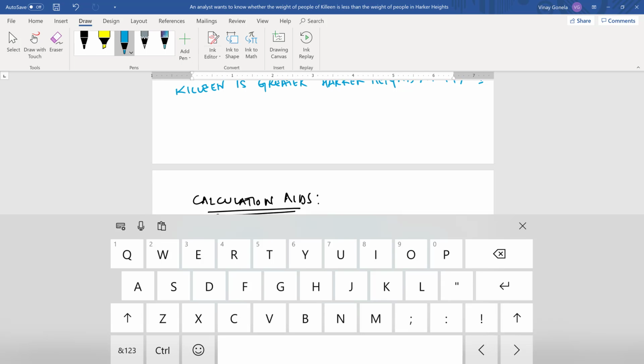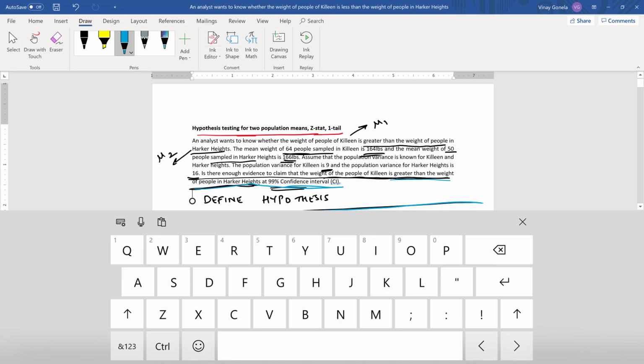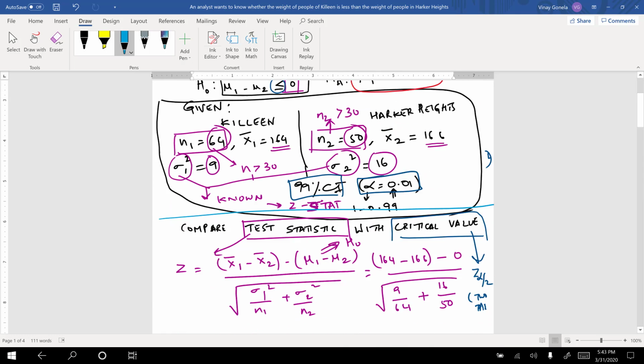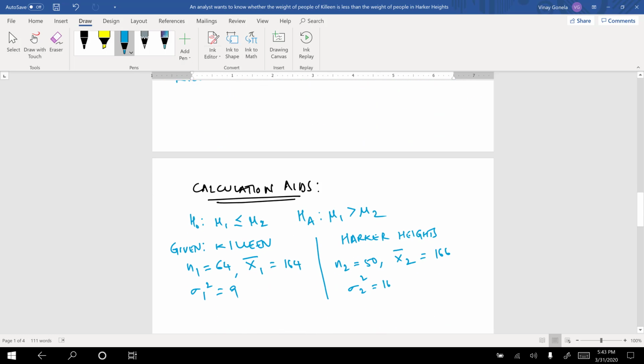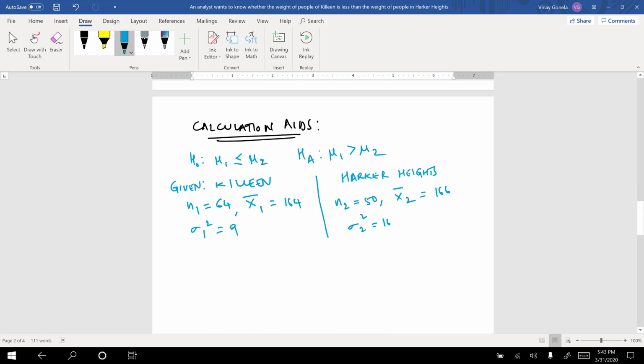And then let me write the confidence interval.